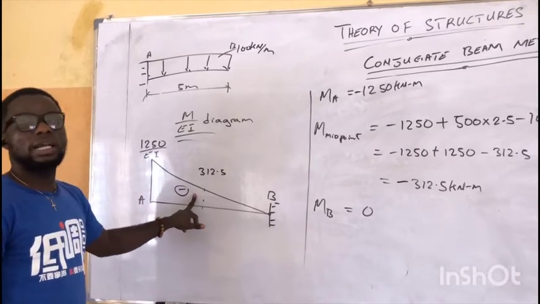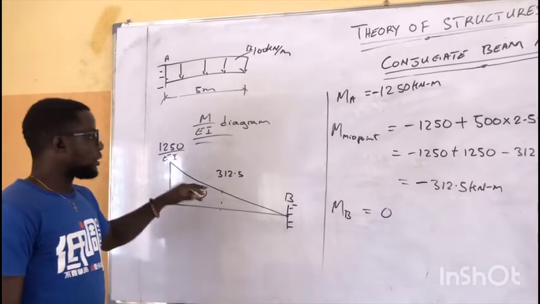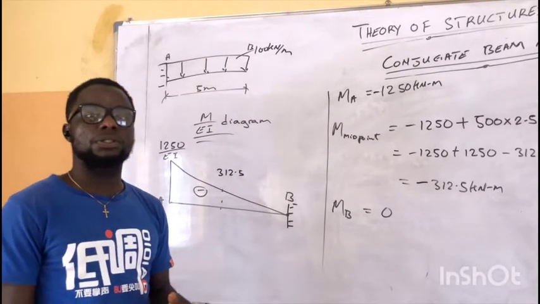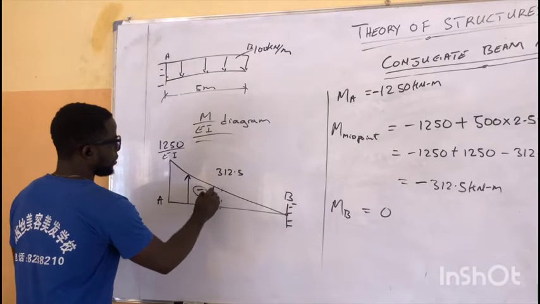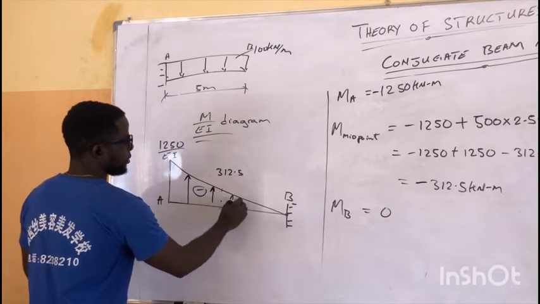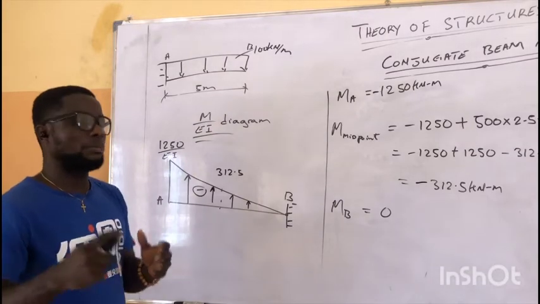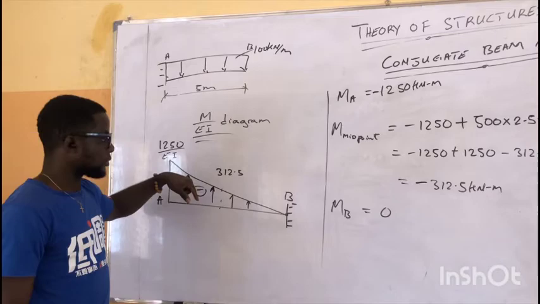Then the M over EI diagram becomes our new loading. So if the moment is a negative value, then the load will point up and go in this direction. If it is positive, it will go in the opposite direction.